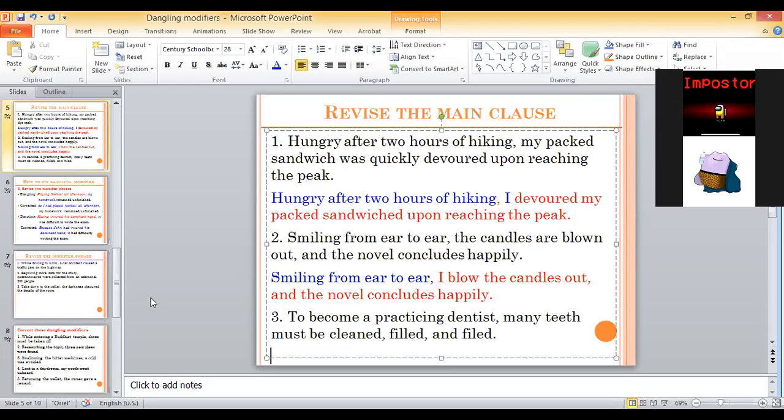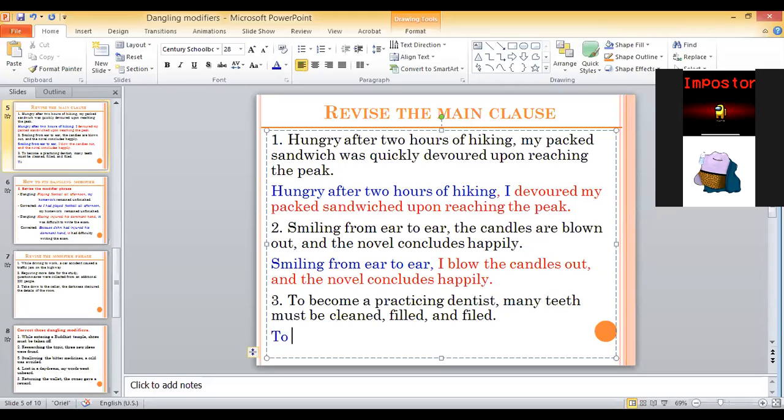Okay, number 3, who volunteers? To become a practicing dentist, I must clean, fill, and file many teeth.